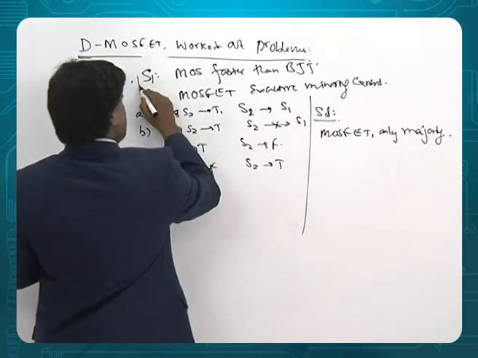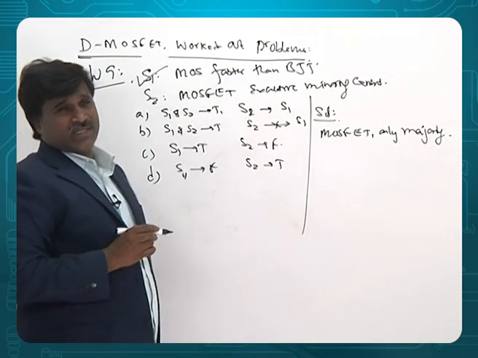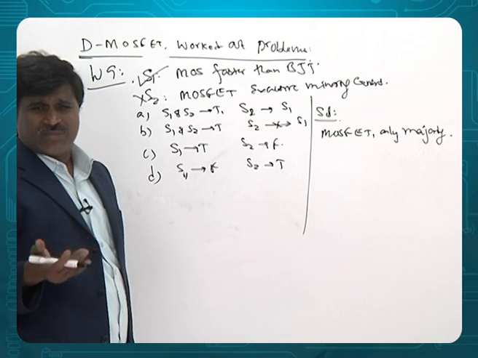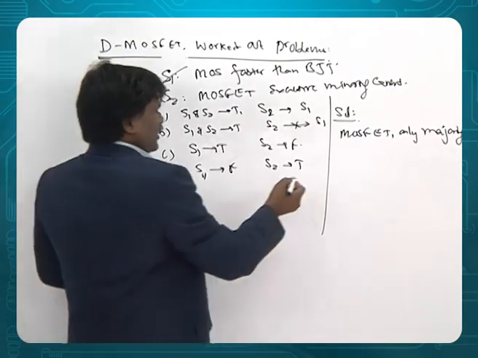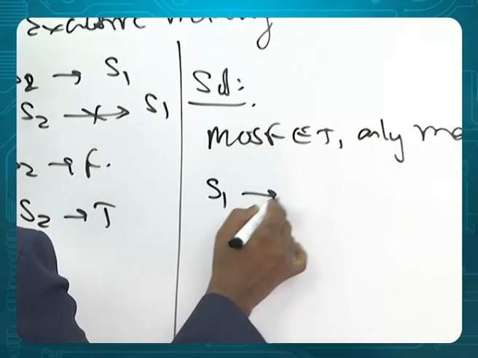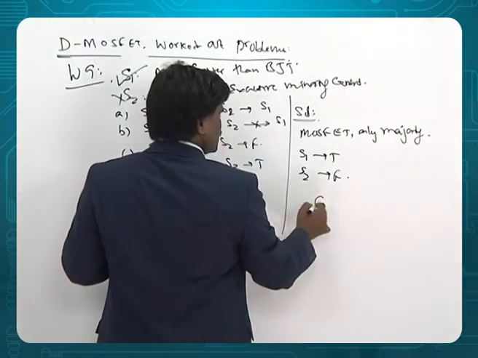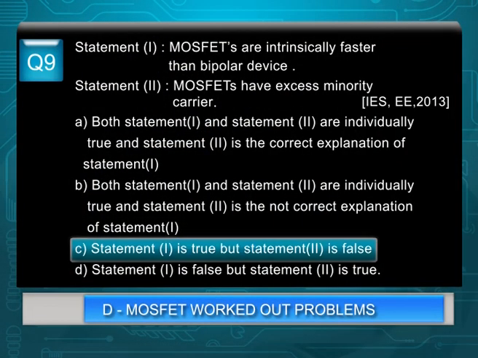So this statement is right. But MOSFET has excessive minority carriers is wrong. In fact, forget about excessive, there is no minority at all. Therefore, our solution is statement 1 is true, statement 2 is false. Therefore, our option is C.